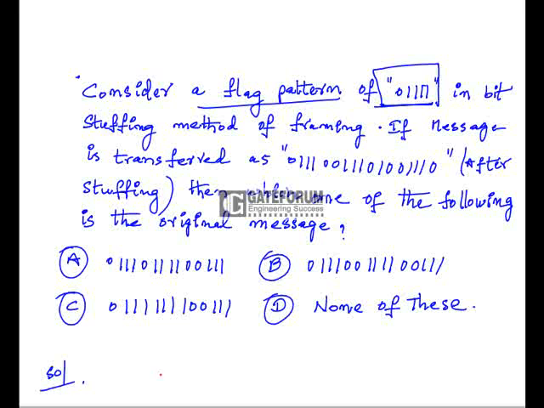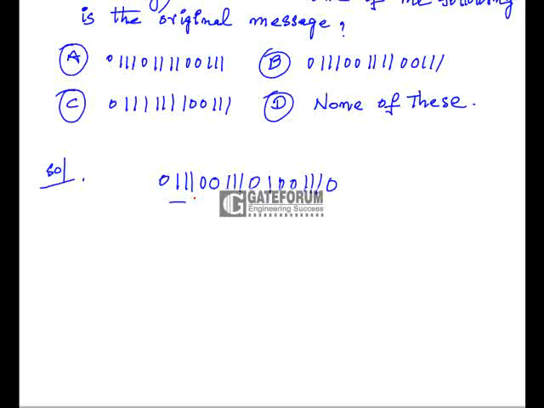Suppose you take this given stuffed pattern 0, 1, 1, 1, 0, 0, 1, 1, 1, 0, 1, 0, 0, 1, 1, 1, 0. This is a message that is stuffed and transferred. We need to find the original message. Since the flag pattern contains 4 ones, there is a 0 after every 3 consecutive ones. If there are 3 consecutive ones, definitely a 0 has been stuffed.